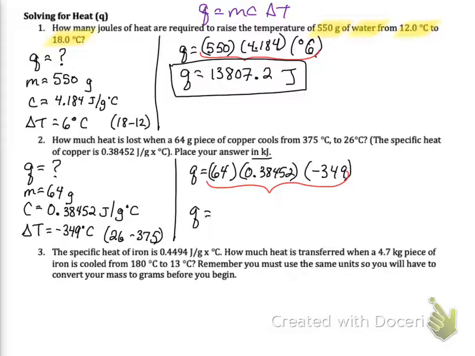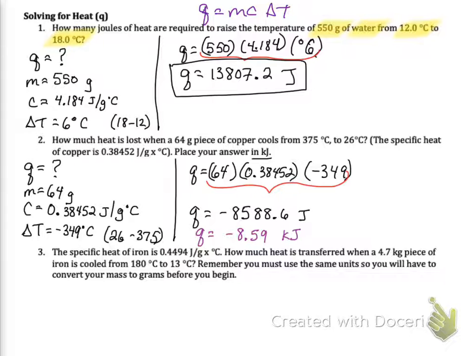And I get negative 8,588.6. Well, this unit is in joules. And if I wanted to turn that into kilojoules, kilo means 1,000. So just divide by 1,000. So Q equals negative 8.59 kilojoules.